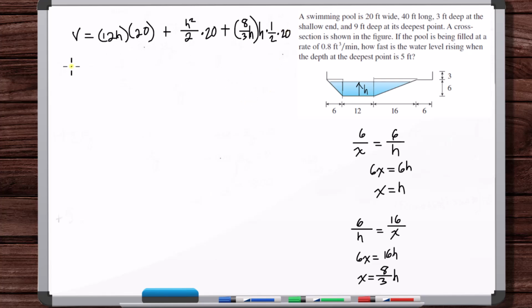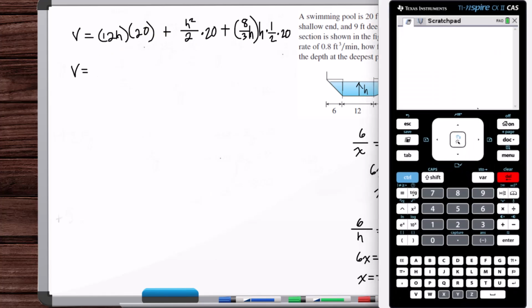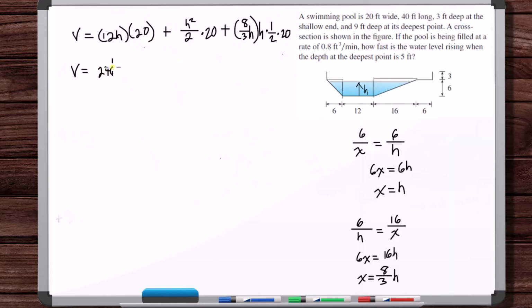Now let's just simplify. 12 times 20 is 240h, plus 10h squared, plus 80 over 3 h squared.